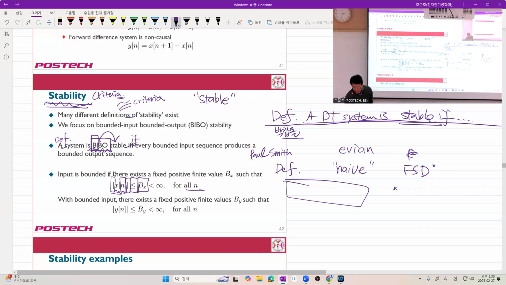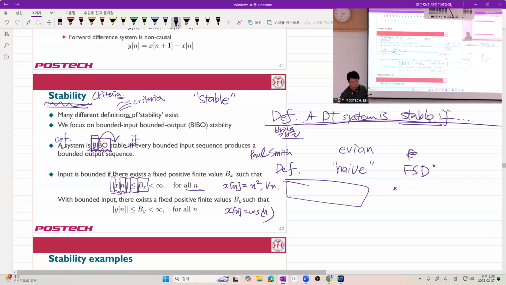So let's see. Suppose x of n equals n squared, or n. Is it bounded? No. You cannot find any fixed number that serves as an upper and lower bound of the signal. What about x of n equals cosine n?